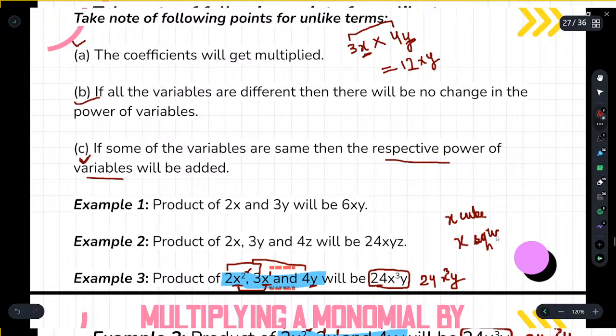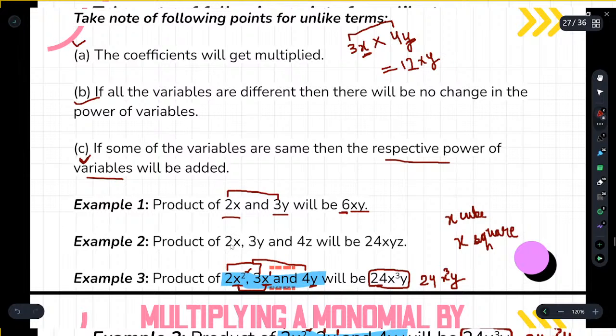Now let's see example 1 and example 2. Product of 2x and 3y. According to my first step, let's just multiply their coefficients, which will be 6. Now the second step says if the variables are different, write them as it is without adding their powers, x and y.